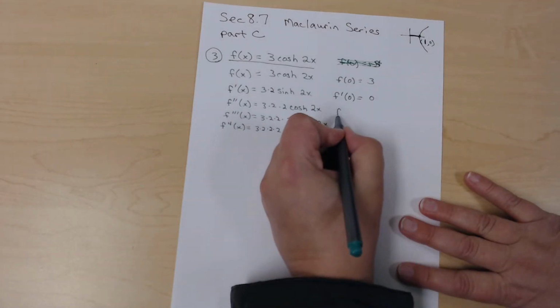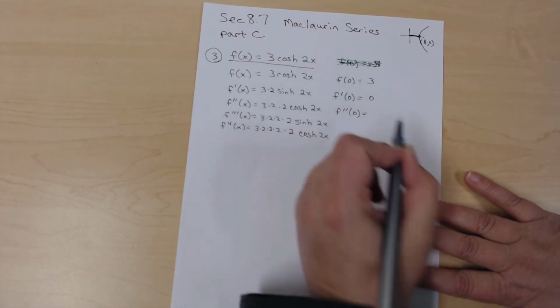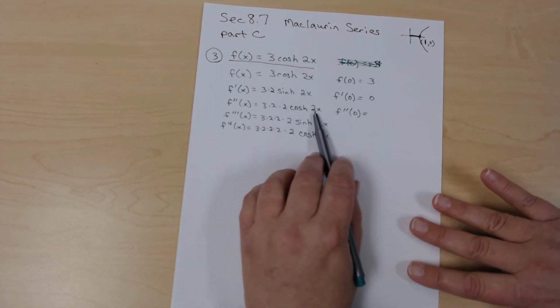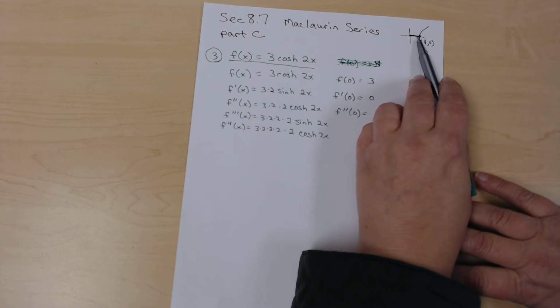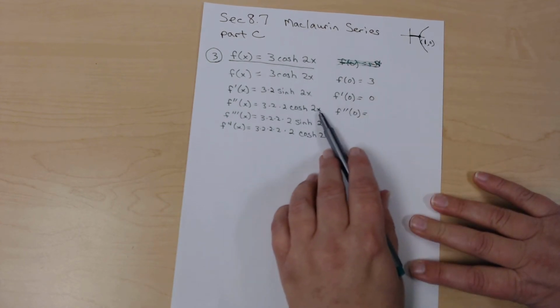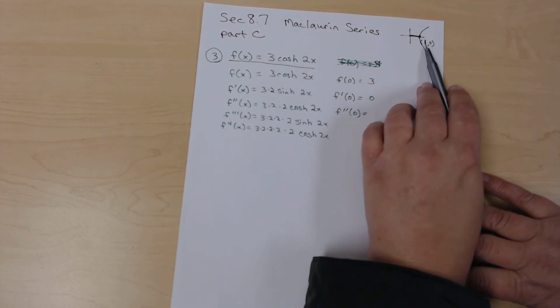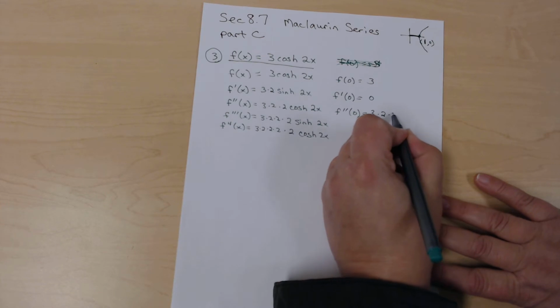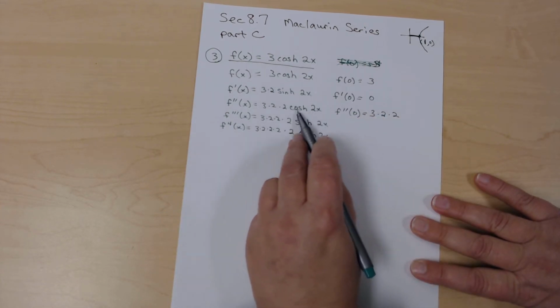Second derivative, evaluated at 0. So I plug in a 0 here. 2 times 0 is 0. So what is cosh of 0? Remember, 0 here is the area. My cosh is the x value, which is 1. So I've got 3 times 2 times 2, and then times 1.